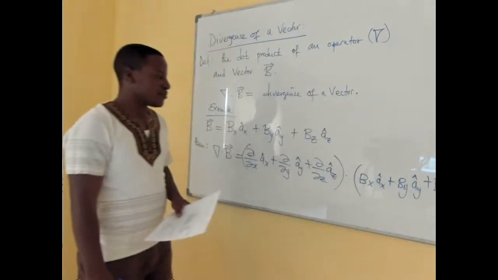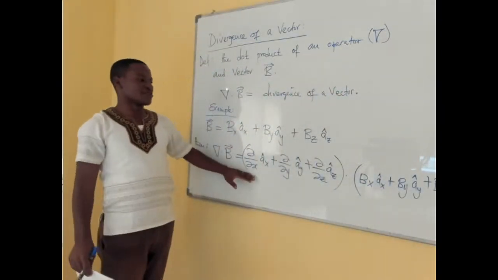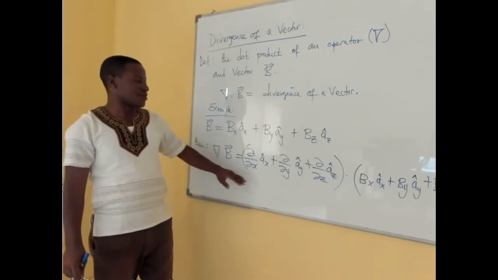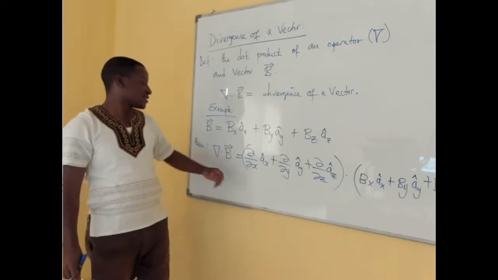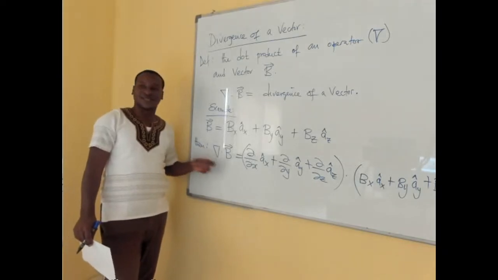Now, from here, remember what we did when we were finding the gradient of a vector. This time around we are finding the dot product.